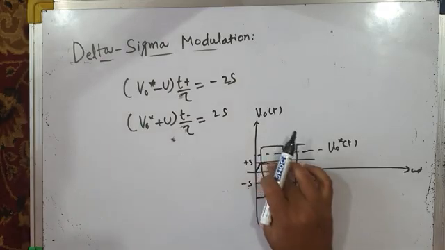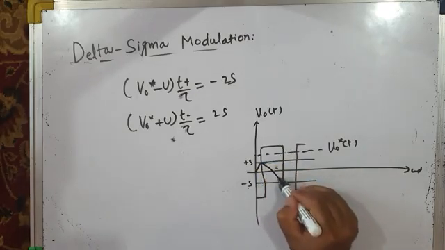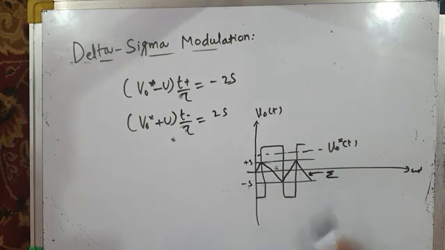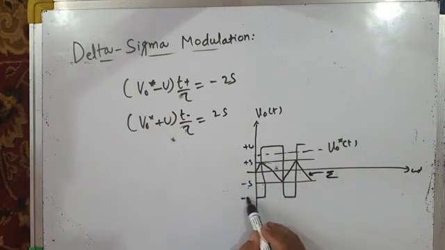Sigma was varying like this between the upper and lower hysteresis bands. So this is plus U and this is minus U.